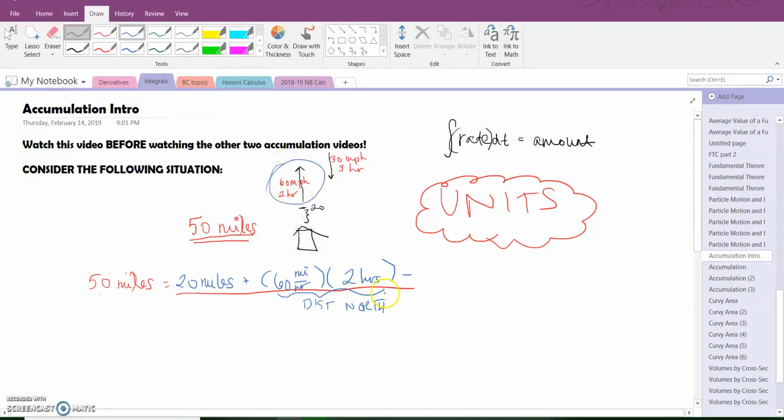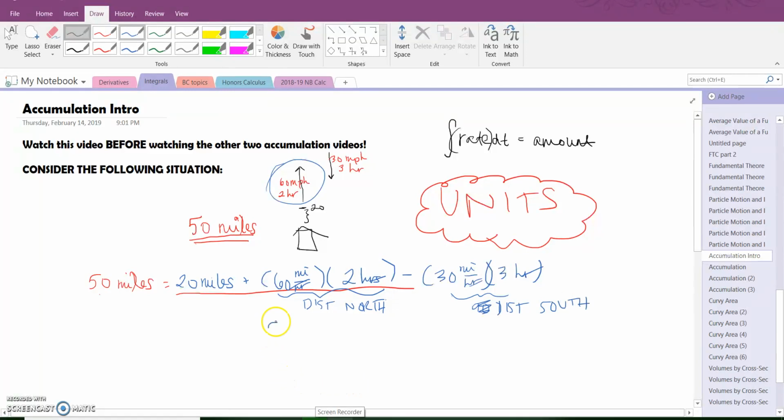So you've gone north 120 miles, because those cancel. And then what you do is you go south, which is why you subtract 30 miles an hour. Going south is a negative rate for 3 hours. Your hours cancel. That means you've gone 90 total miles south. So this is your distance south.